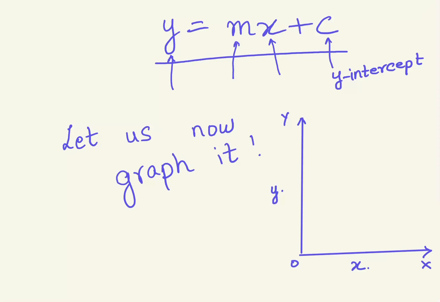So my graph could be something like this or something like this. The slope of this graph is denoted by m, right? And c, what is c over here? c is the y-intercept. So my graph over here cuts the y-axis at a certain point.